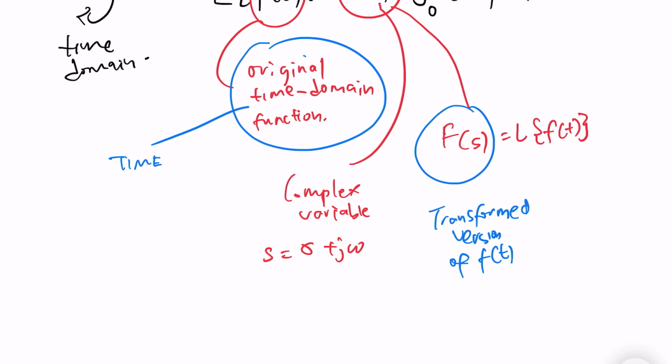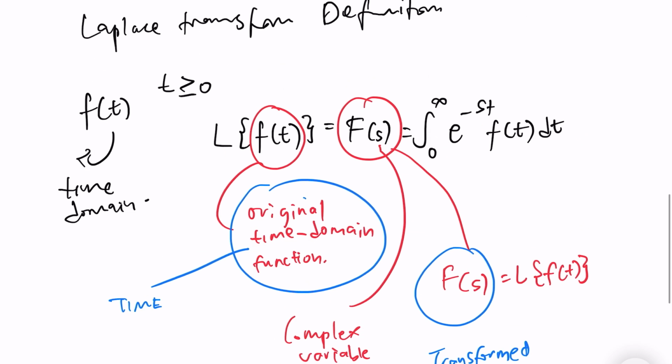All right. You can see from the formula that the Laplace transform takes ft multiplied by an exponential decay factor of e to the power of negative st, and integrates from time 0 to infinity. And why is it from 0? Because we only care about what happened after time 0.